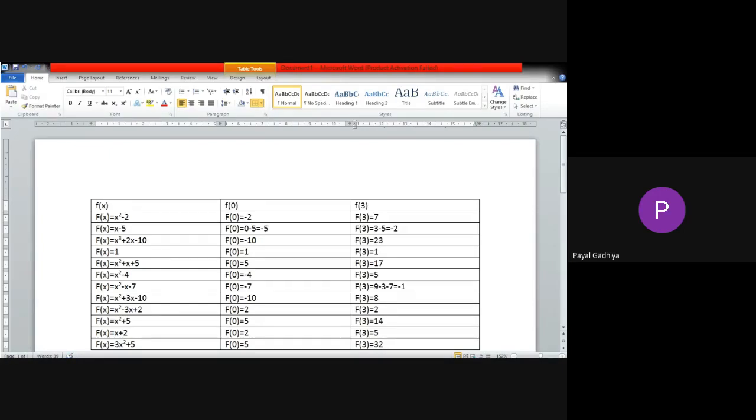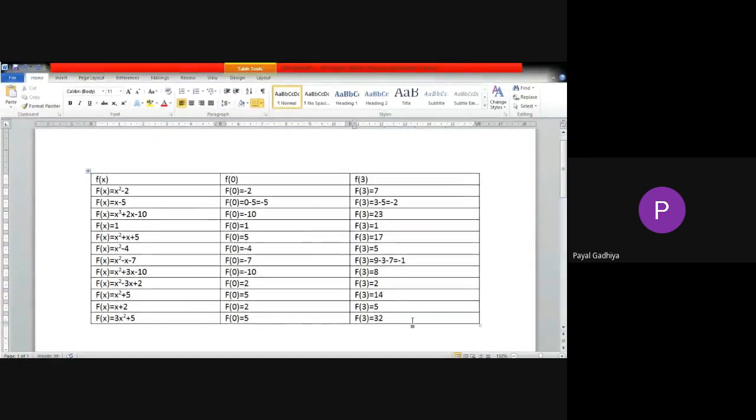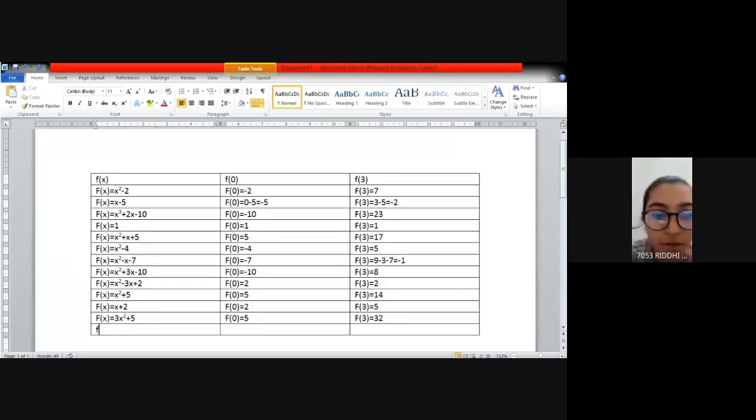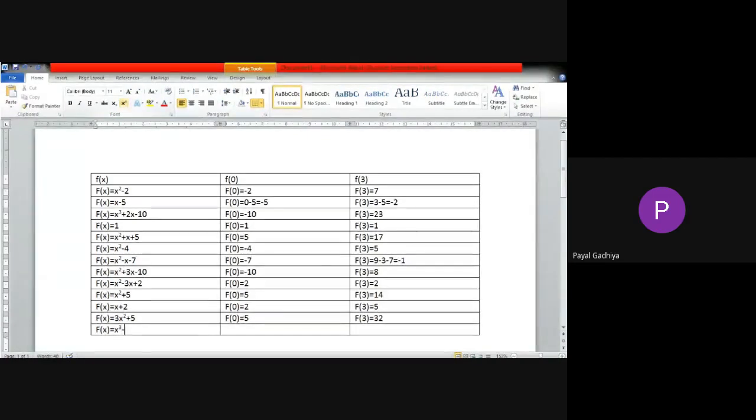Then Riddhi Vekaria, are you there? Yes, ma'am. Yes, Riddhi. On your camera and give an example of a function. f of x equals x cube minus 15x.